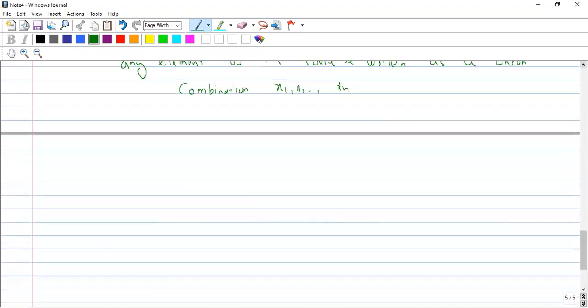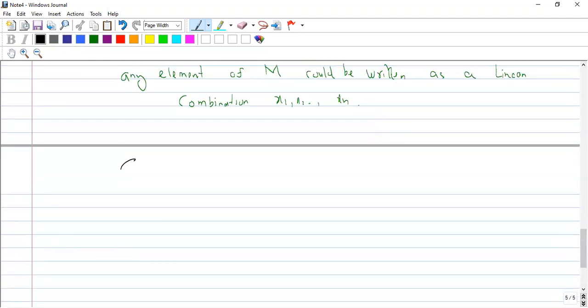So, for example, what we have seen earlier is that C over R is generated by 1 and iota, because every element of C over R could be written as a linear combination of 1 and iota. So what we can say is that C is a finitely generated module.